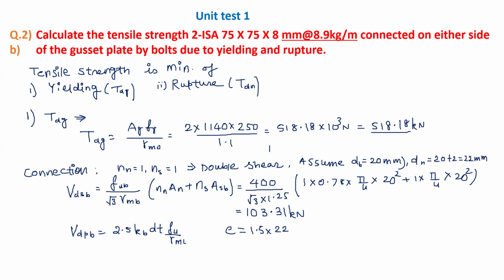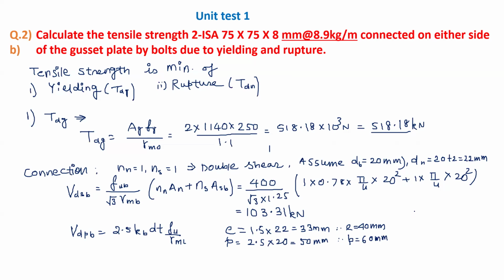And then 1.5 into 22 will be 33, therefore provide e 40. Then we have p equal to 2.5 into d, diameter of bolt. This is pitch, and it will be 50. Go to the higher side, therefore p equal to 60.